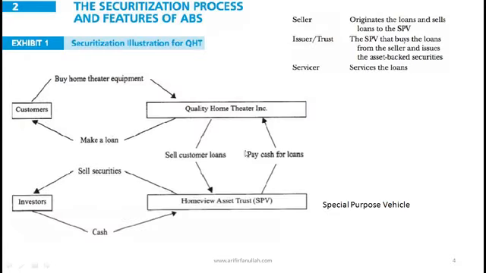Here is a good example from the curriculum on the whole securitization process. And actually, another larger point that I just want to make sure you get. When we talk about an asset-backed security, what do we mean? We mean any security that is backed by assets such as home loans, car loans. What's the common feature of all asset-backed securities?